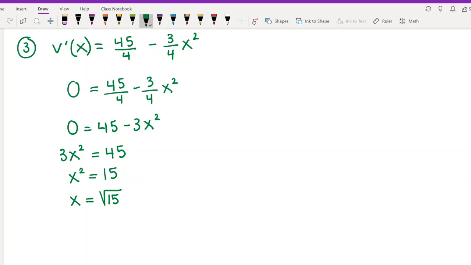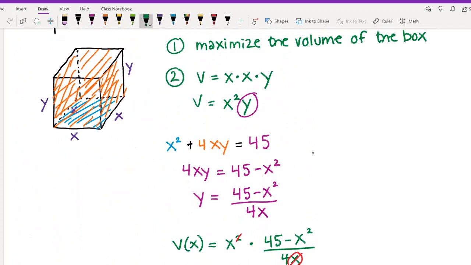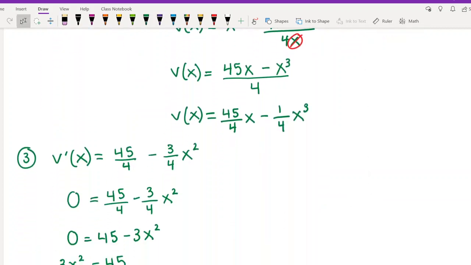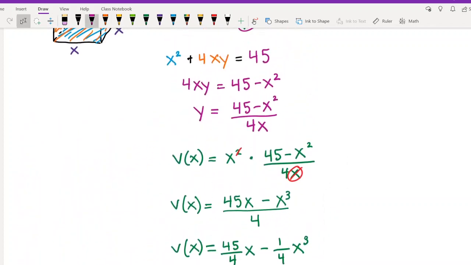Okay, so that is one of the dimensions. So we now know basically the base. We know that the base is square root of 15 by square root of 15, and now we just need to find the height. And so how can we find the height? Well, we have this equation here that says that y is equal to (45 minus x squared) over 4x.